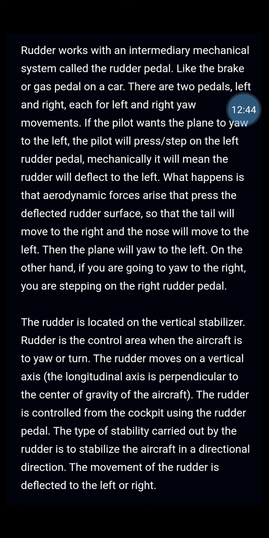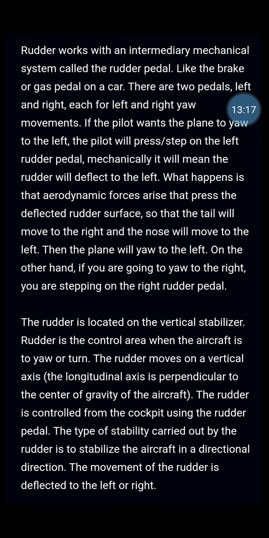On the other hand, if you want to yaw to the right, you step on the right rudder pedal. The rudder is located on the vertical stabilizer. Rudder is the control surface when the aircraft is to yaw or turn. The rudder moves on a vertical axis, perpendicular to the longitudinal axis at the center of gravity of the aircraft.